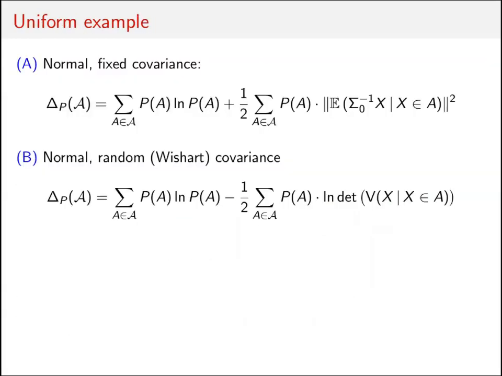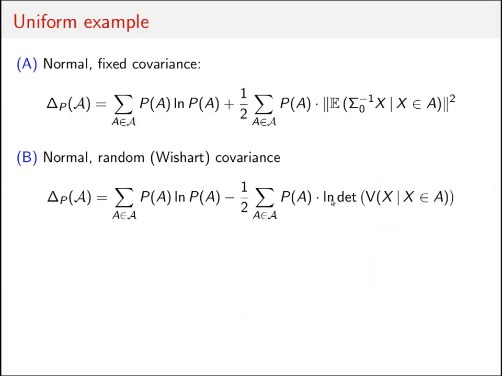Okay, so for the specific examples, this is what you've already seen. This is this delta function for the fixed covariance CRP model. If you allow the covariance to be sampled independently for each cluster from a Wishart distribution, it changes in such a way.